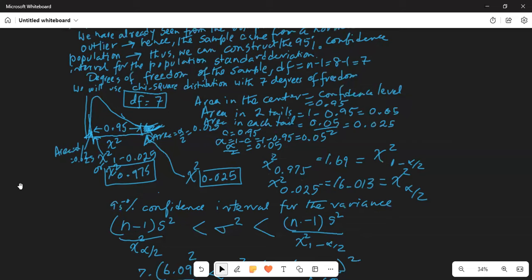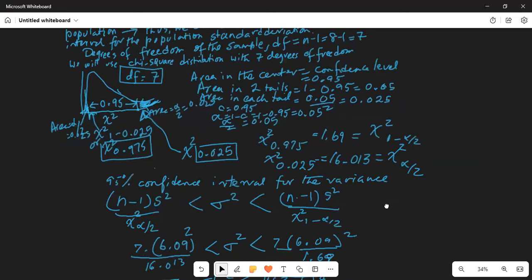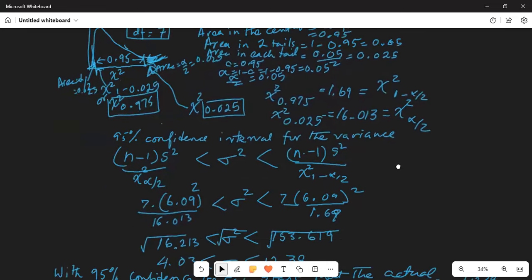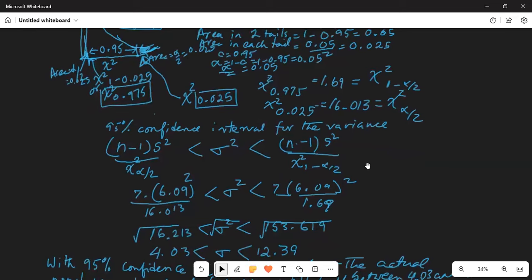Then we plug it in the formula for the confidence interval for the variance. Variance is the square of the standard deviation. So this is given by n minus 1 s squared divided by chi-square alpha by 2 less than sigma squared less than n minus 1 s squared divided by chi-square 1 minus alpha by 2. So be careful.